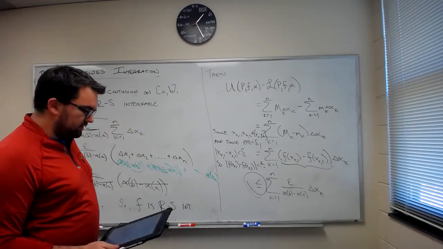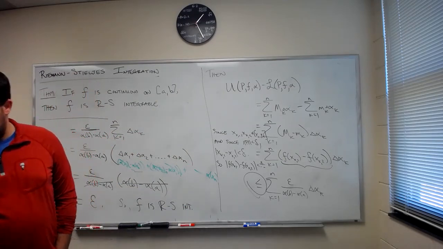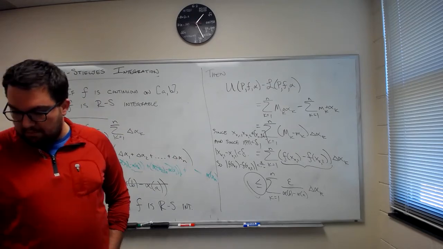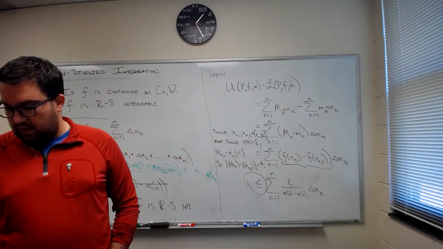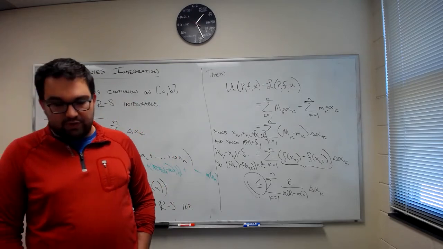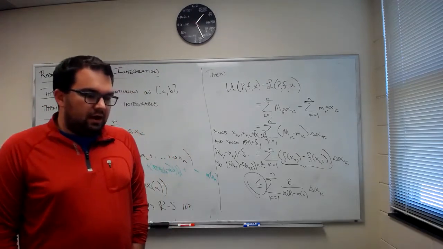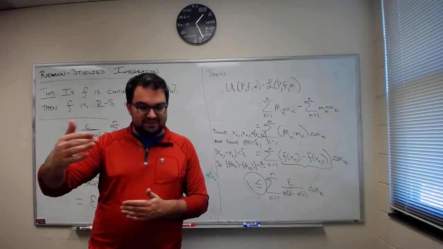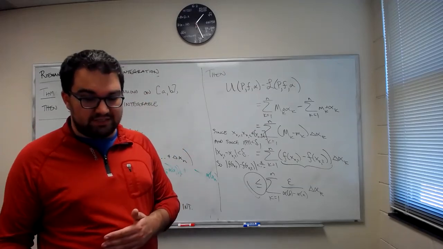You'll see if you look back in the Riemann integrable section that there's also a theorem that says if your function is monotone on [a, b], then your function is Riemann integrable on [a, b]. In one of the homework problems, I'm going to have you explore trying to extend that result to Riemann-Stieltjes integration.